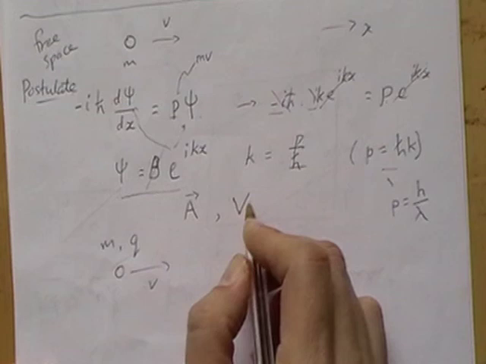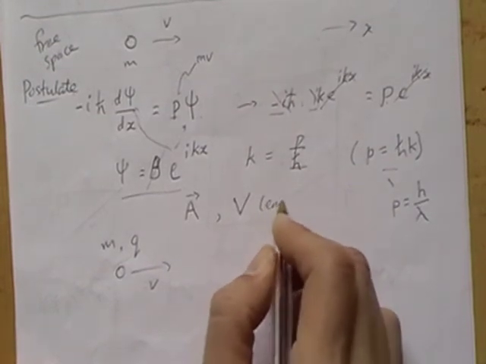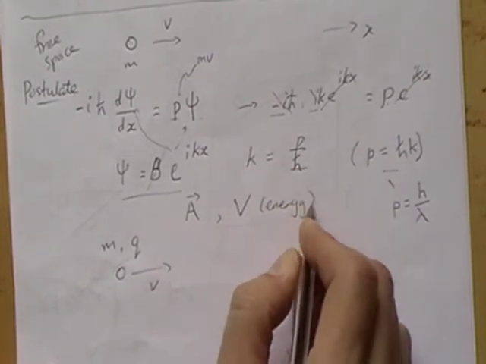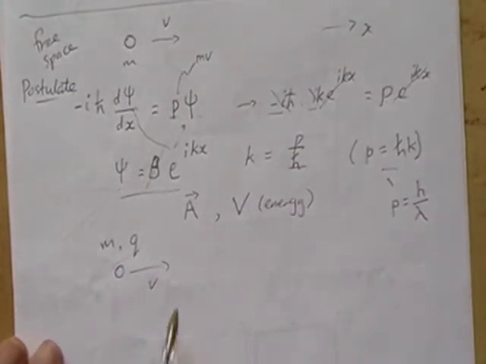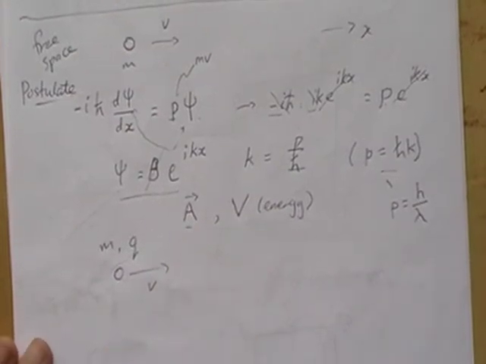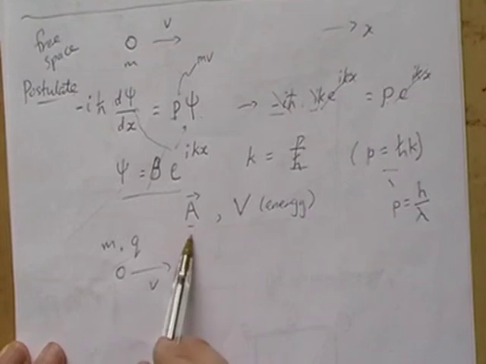This part is easy because the V refers to energy, and we simply add it to the kinetic energy term in Schrodinger's equation. But in this case, because A is in fact the field momentum, we need to add it here to the p.